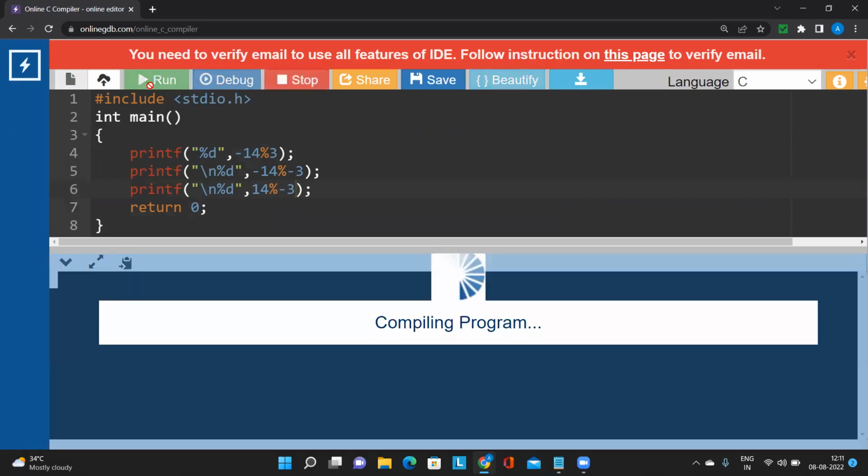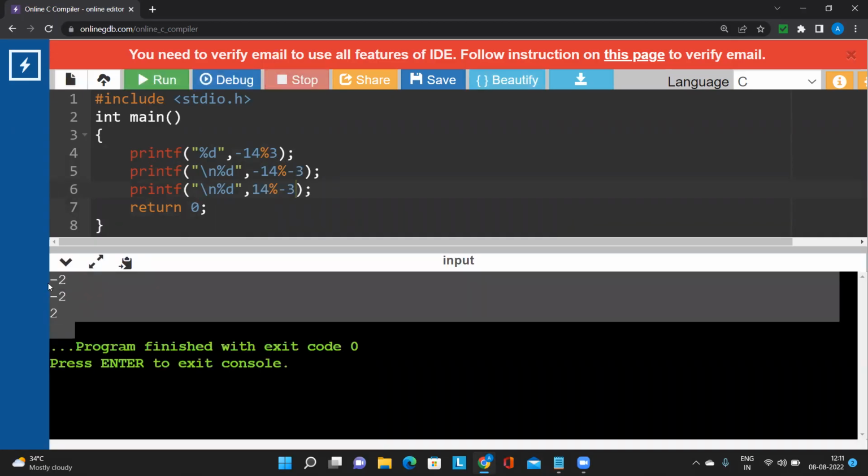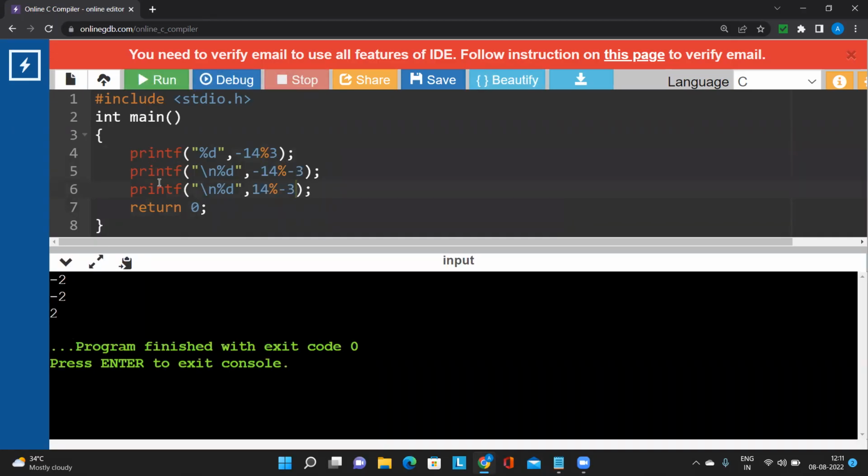There you go. See, check it out. The first two are negative values because my numerator is a negative number. The last one is positive because my numerator is a positive number. So just remember this rule whenever we are dealing with our modulo operator.